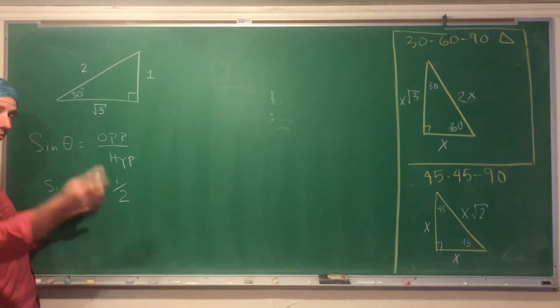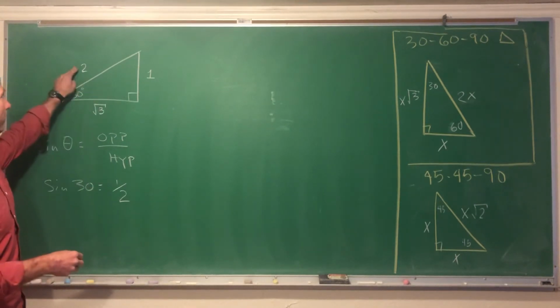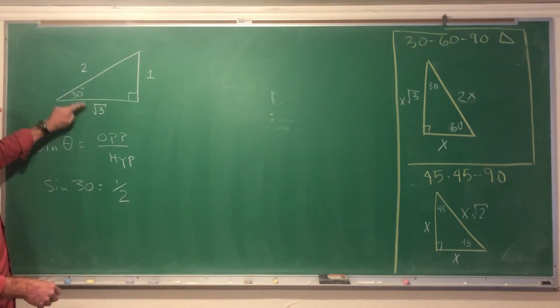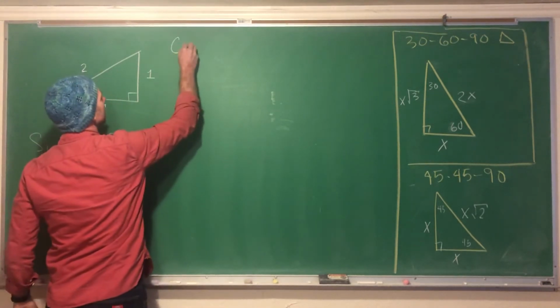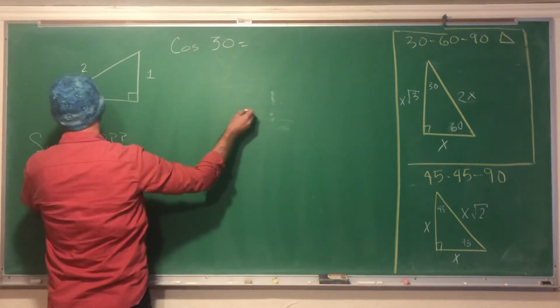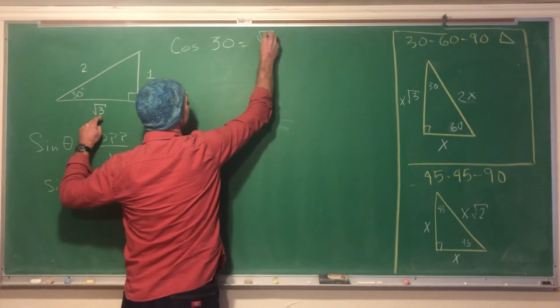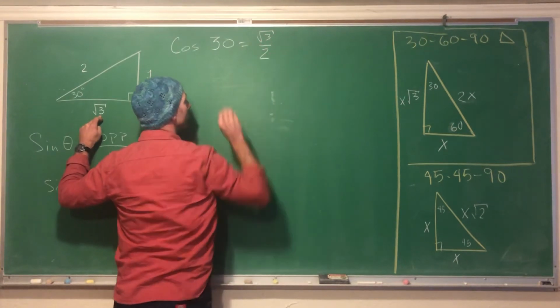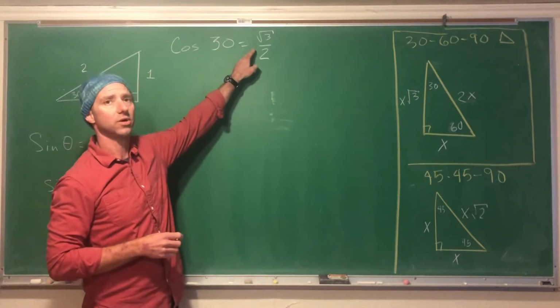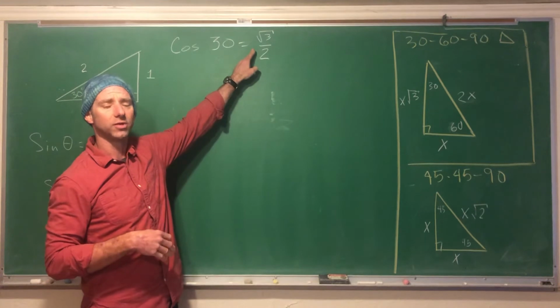Okay, so back up. Sine, opposite over hypotenuse. Cosine is adjacent over hypotenuse. Cosine 30 is adjacent over hypotenuse. Okay? Now, the square root of 3 is an irrational number, so you'd have non-repeating decimals.